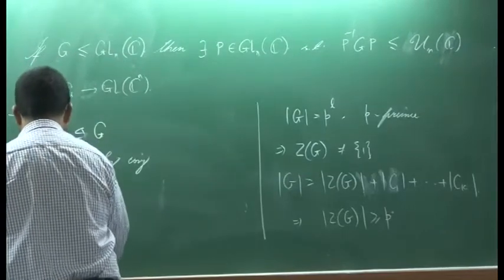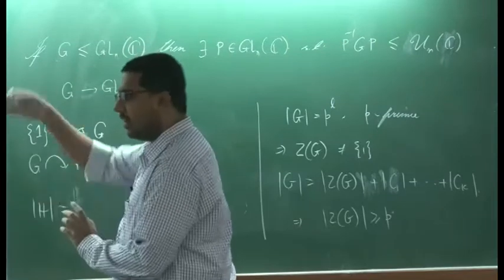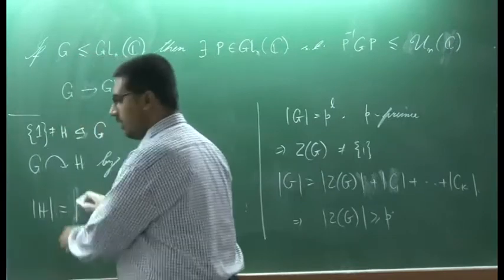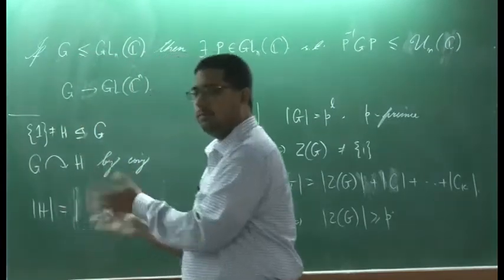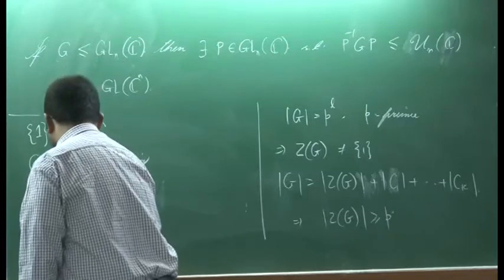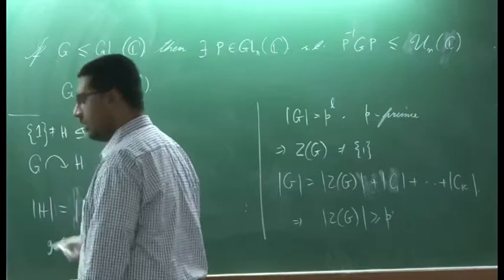In the action of G on H by conjugation, the first term will be the fixed points of that action. Fixed point means G H G inverse is H for every G, that means H has to be in the center.